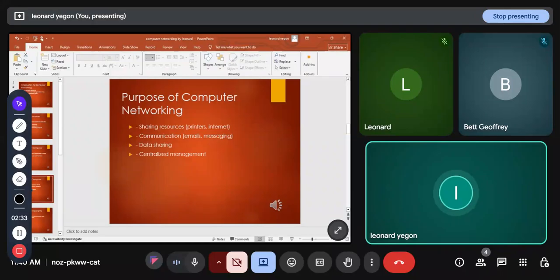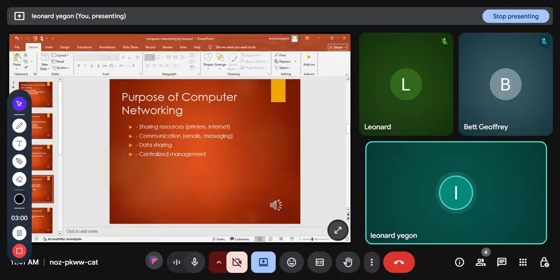Now, we have also the other purpose, communication. The reason for computer networking is for communication. You can communicate using email, you can communicate using messaging, and also data sharing. You can share data through computer networking. Another thing is centralized management.